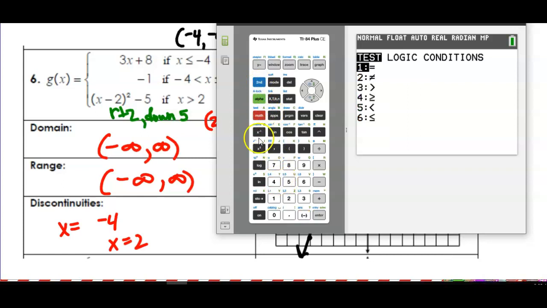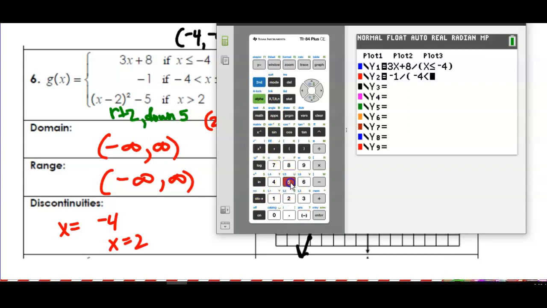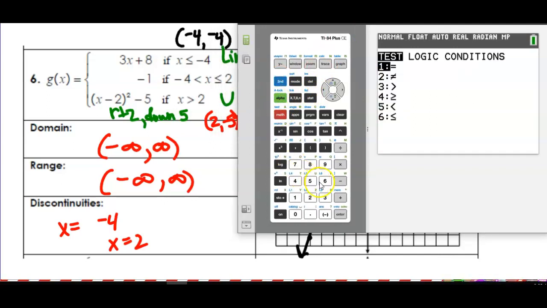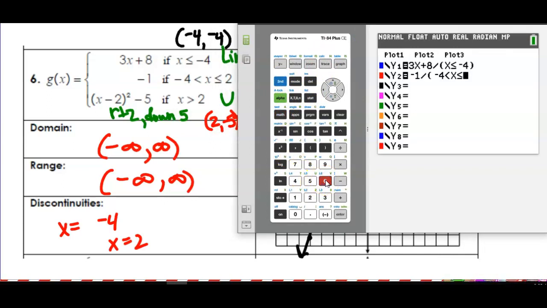And divide and say parenthesis -4. Second math, less than is 5x. And then it's less than or equal to, so back to second math, choice 6, and that was a 2.